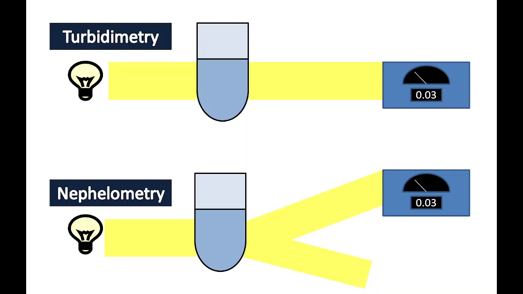Although the sensitivity of turbidimetry has increased, nephelometry is more sensitive, with a lower limit of detection of about 1 to 10 milligrams per liter. Nephelometry can be used to detect either antigen or antibody, but it is usually run with antibody as the reagent and the patient antigen as the unknown.